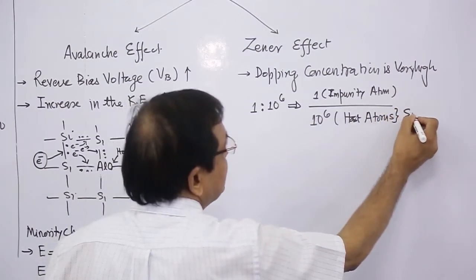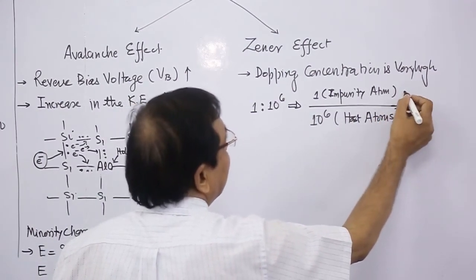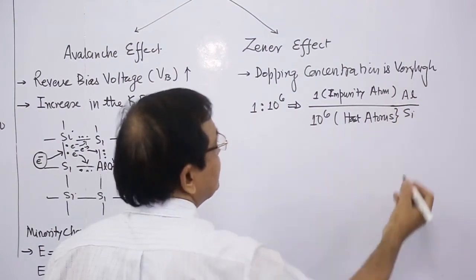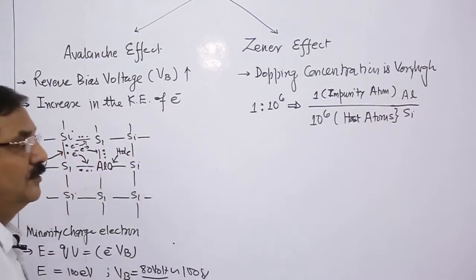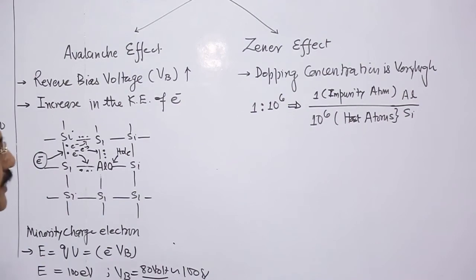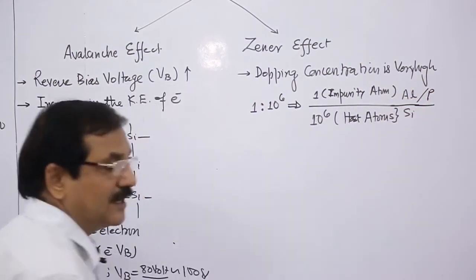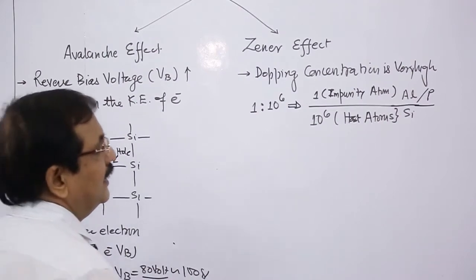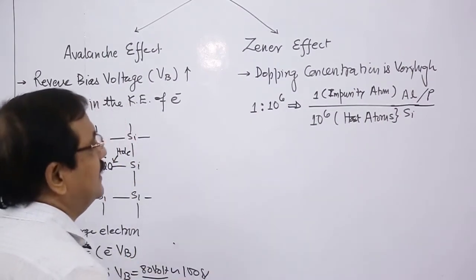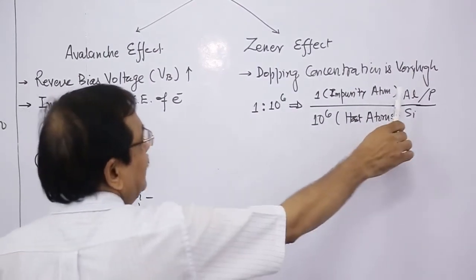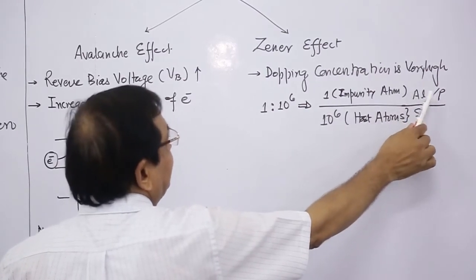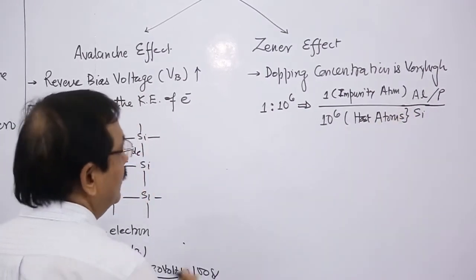Suppose this is silicon and here it is aluminum in case of N type, or phosphorus in case of P type. N type and P type means there is a trivalent and pentavalent impurity.